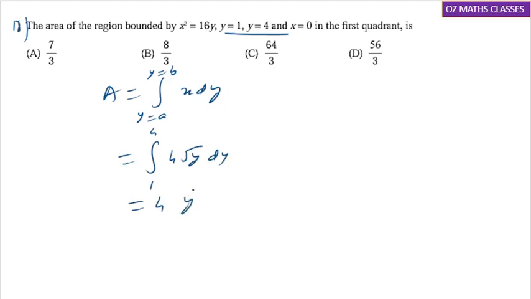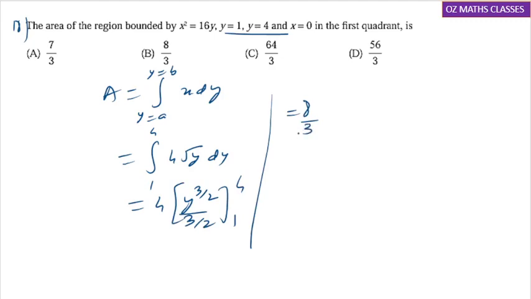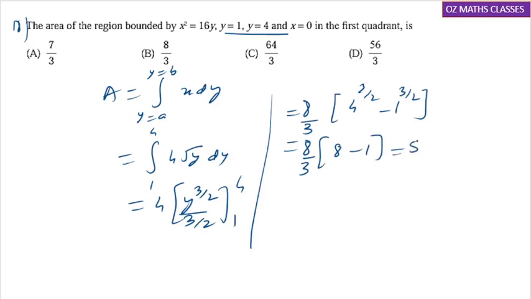So 4 y power 3 by 2 upon 3 by 2, from 1 to 4. So 8 by 3 into 4 power 3 by 2 minus 1 power 3 by 2. So 8 by 3 and 4 power 3 by 2 will be 8, minus 1. So the answer will be 56 by 3. D option.